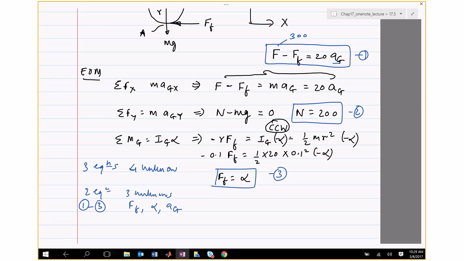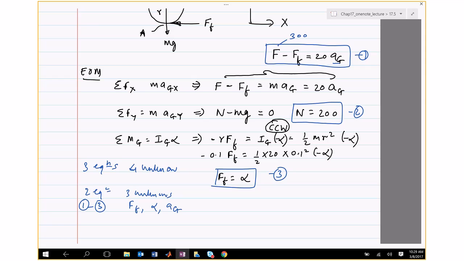As I said, the friction force depends on the condition. That part is where we consider slipping or no slipping, so that's the next part, and I'm going to do that.